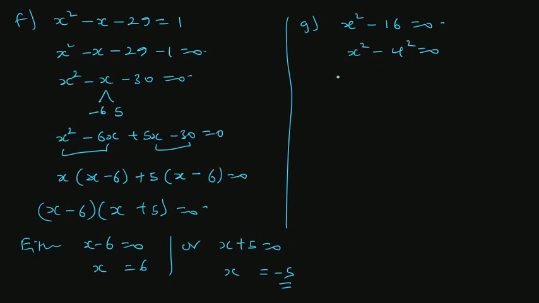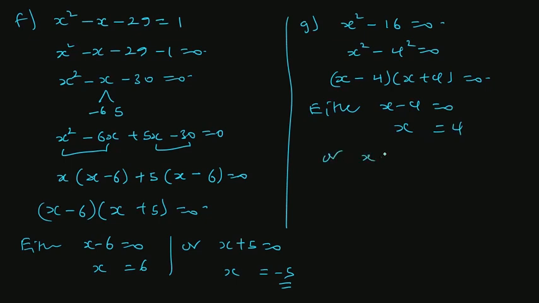Then I can write it in terms of factors: x minus 4 times x plus 4 equals 0. So we already have the factors. Either x minus 4 is 0, giving us x as 4, or x plus 4 equals 0, giving us x as negative 4. Good, that was quite easy, maybe.